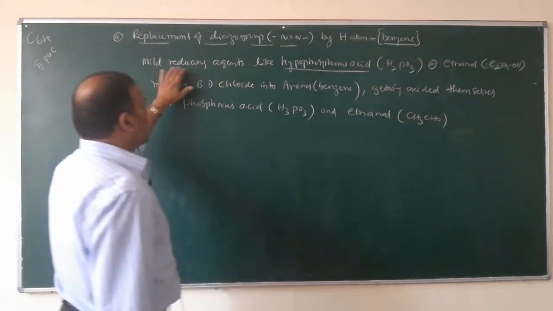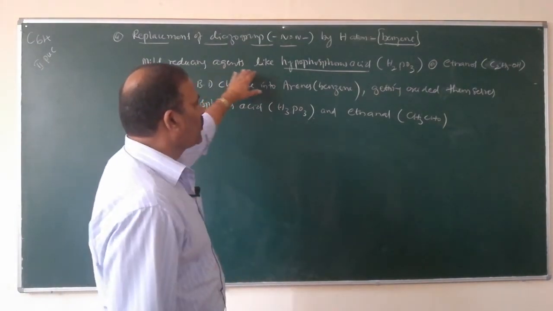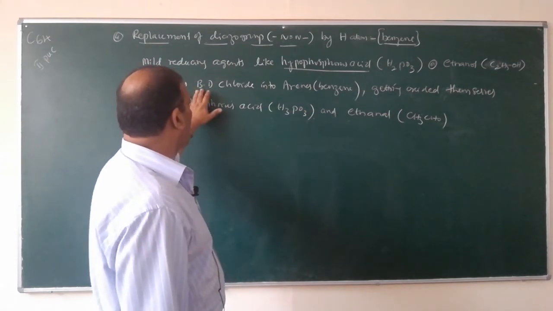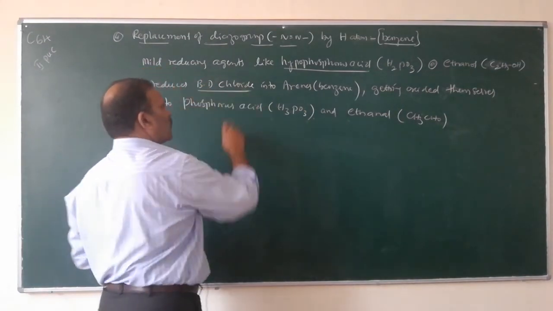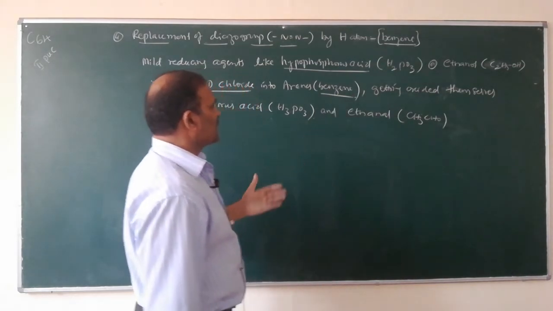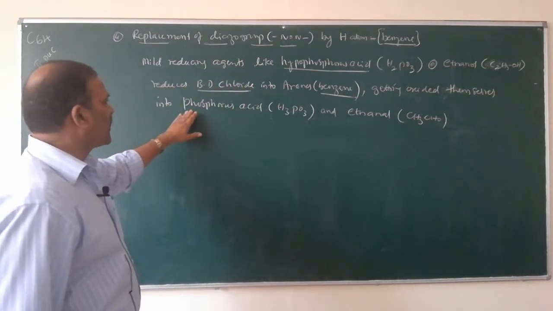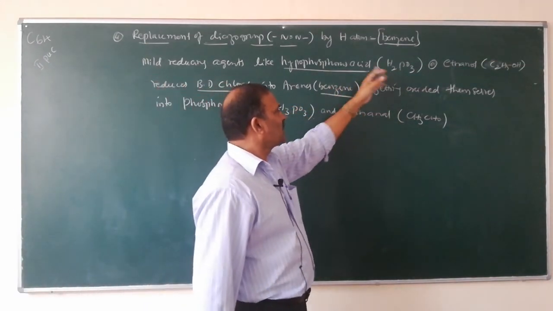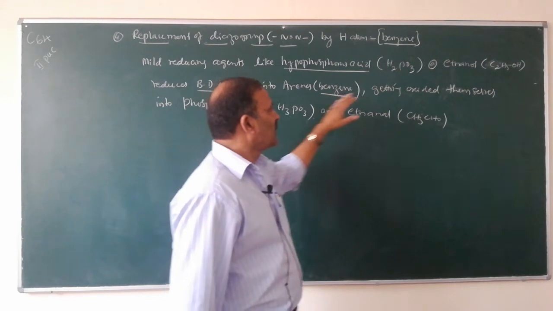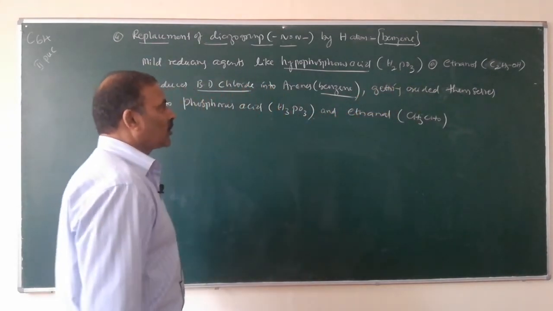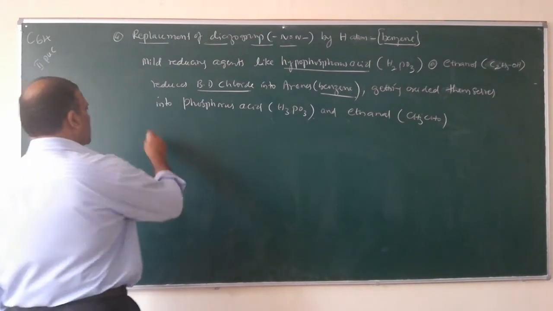So mild reducing agents like hypophosphorus acid or ethanol reduce benzene diazonium chloride into benzene, getting oxidized themselves. Hypophosphorus acid is converted into phosphorus acid. Ethanol, an alcohol, is converted into an aldehyde.